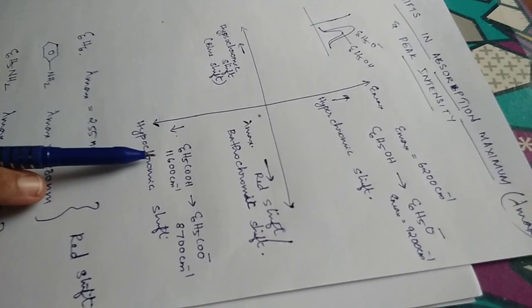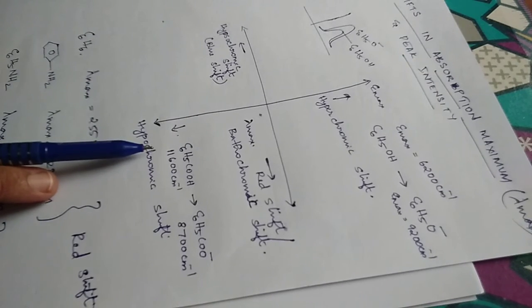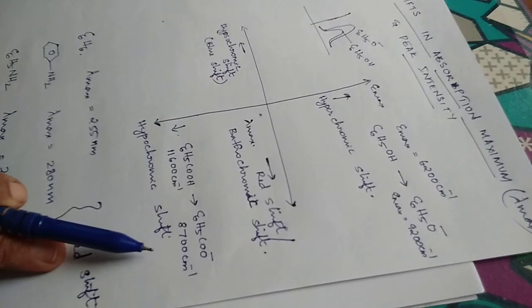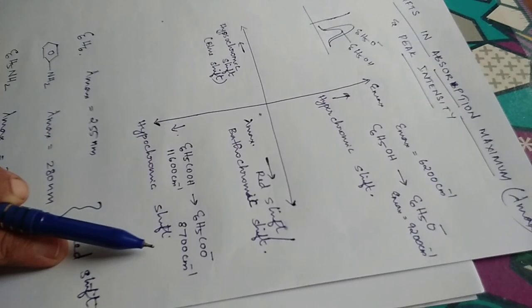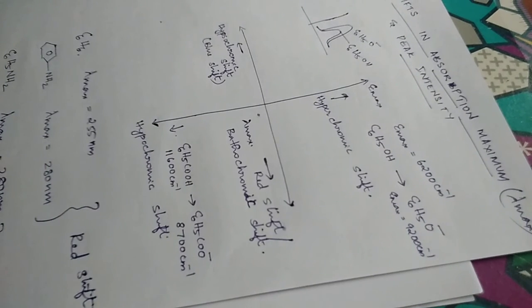Benzoic acid has an epsilon max of 11,600 per centimeter, and that of the benzoate ion is 8,700 per centimeter. There is a decrease in the intensity, the epsilon max, and this is known as the hypochromic shift.